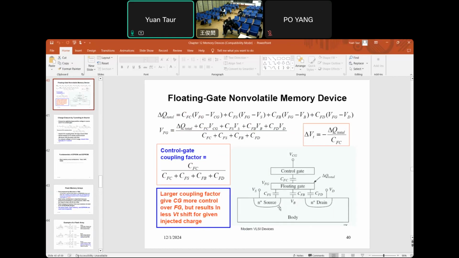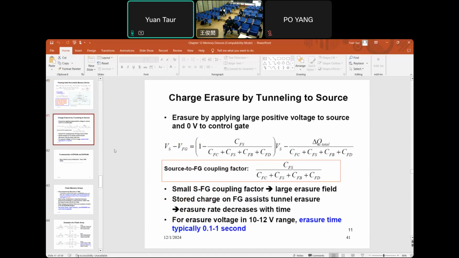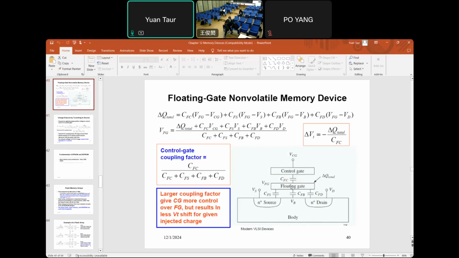This is for expressing the effect of charge on the floating gate to change the threshold voltage. And the next chart is charge erasure by tunneling to the source. Once you have charge here, how do you get the charge out?